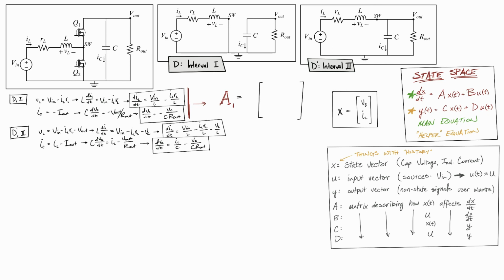That means that in order to find what matrix A1 is, I have to put VC and IL up top in this order, and then I have to put the derivative of VC and the derivative of IL down the side in the same order, okay?